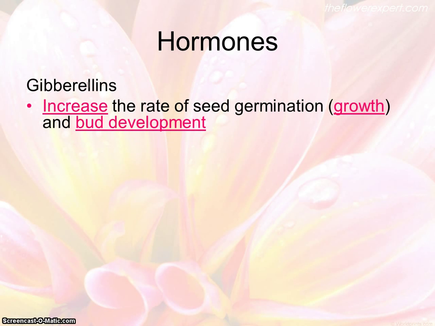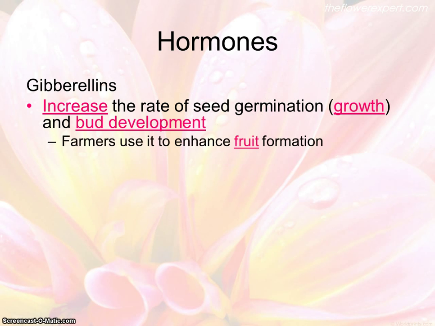You have types of hormones called gibberellins, okay, and these hormones are going to be responsible for increasing the speed at which a seed will germinate and the speed at which buds develop, so the flowers can be produced.